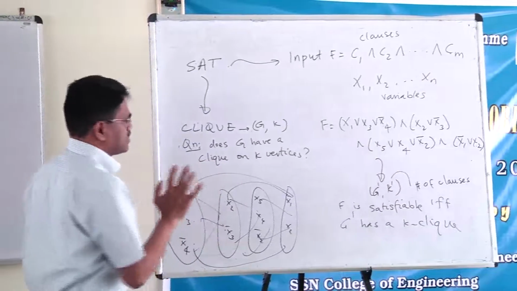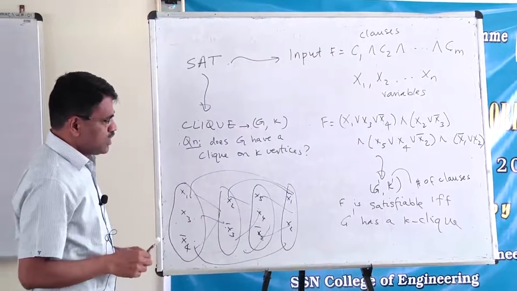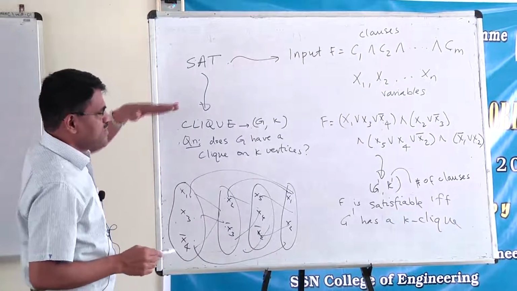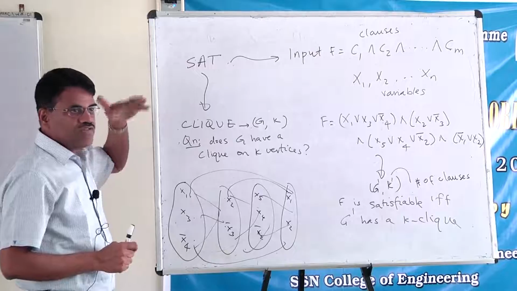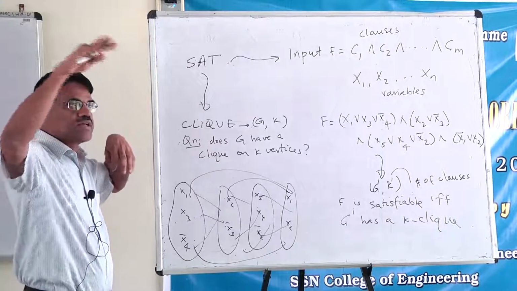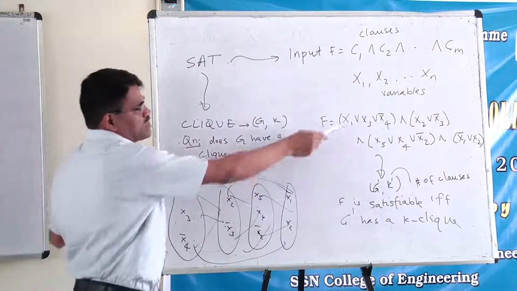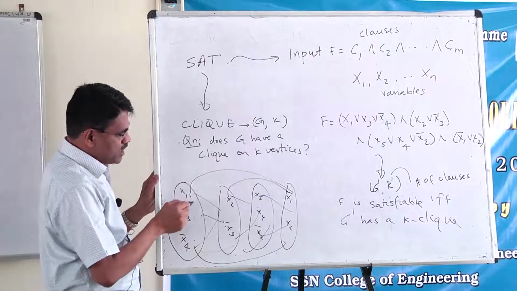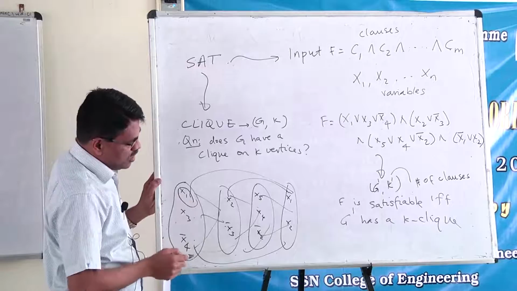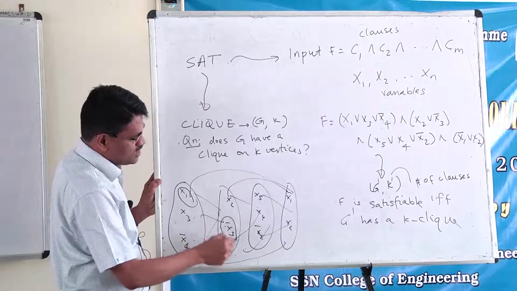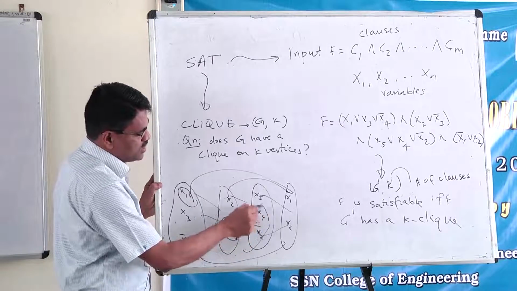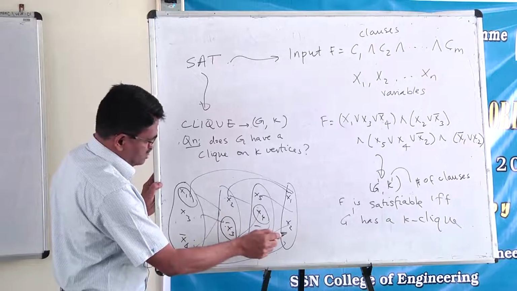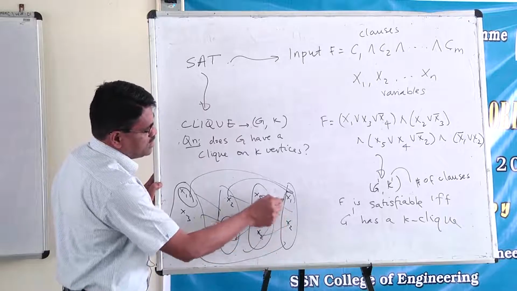Suppose I do this, and suppose F is satisfiable. F is satisfiable means that there is some assignment, so every clause is satisfied by some variable. So I pick that corresponding one. Maybe x1 satisfies this, maybe x3 bar satisfies this clause, maybe x4 satisfies this, and x1 again satisfies this.